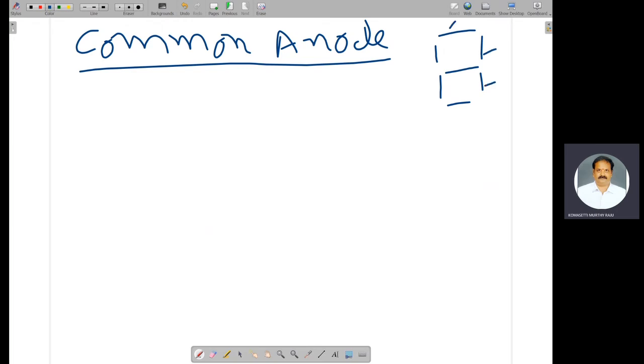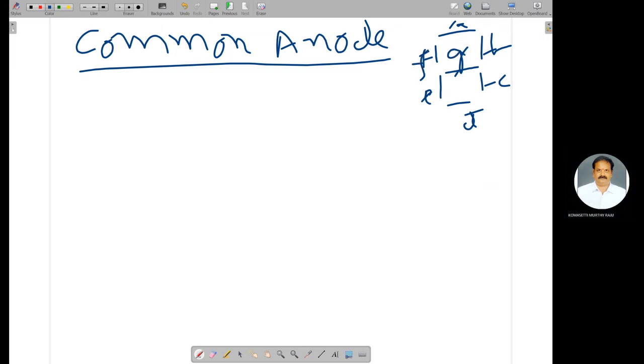These are the segments, each mentioned with some letters A, B, C, D, E, F, and G. Each segment has an LED indicated by some letter. This is the common anode 7-segment display.